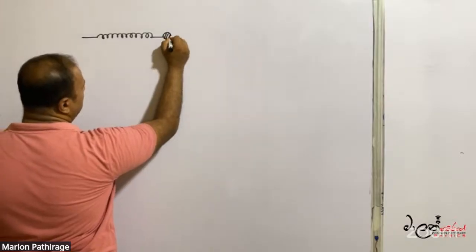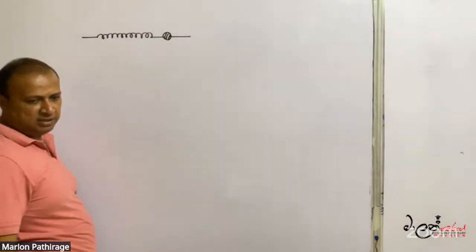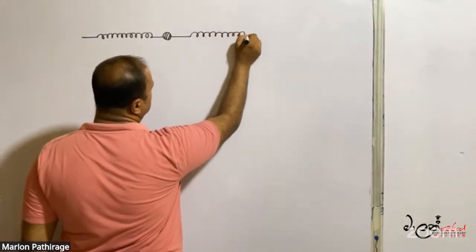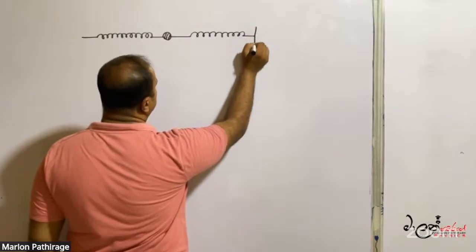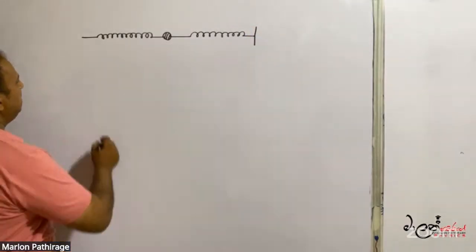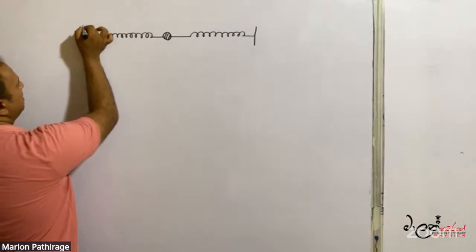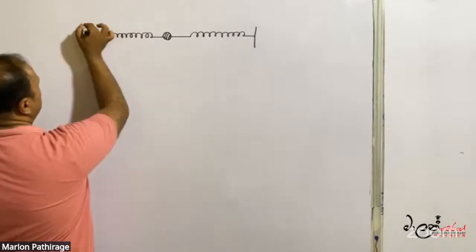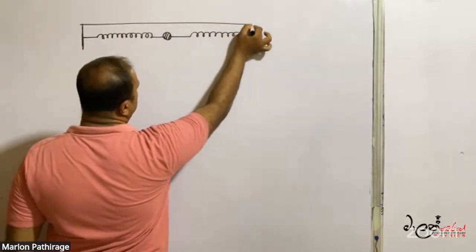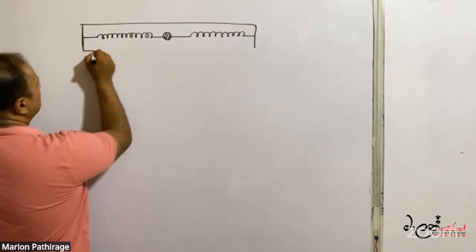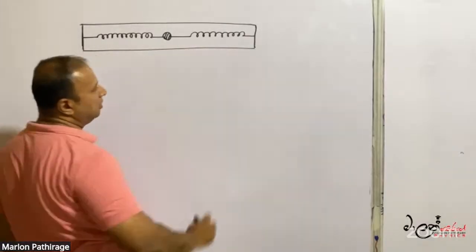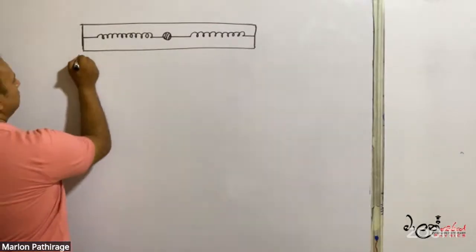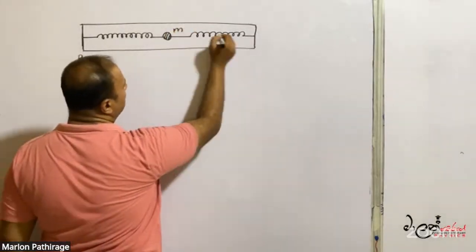There's a mass, and there's another spring like this, and these two ends are fixed. Now P, M, Q.